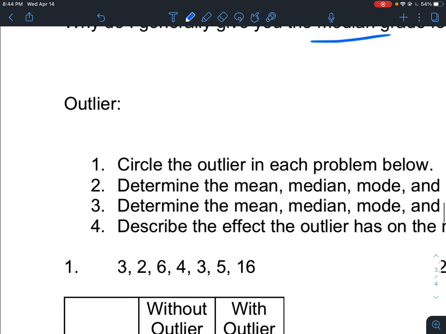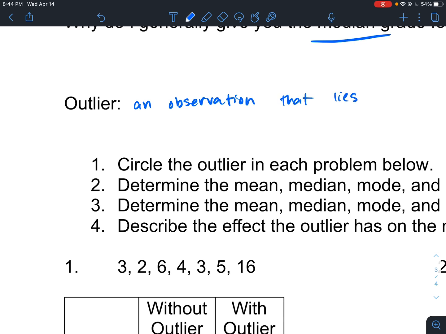I guess the official term is an observation that lies outside of the overall pattern of a distribution.